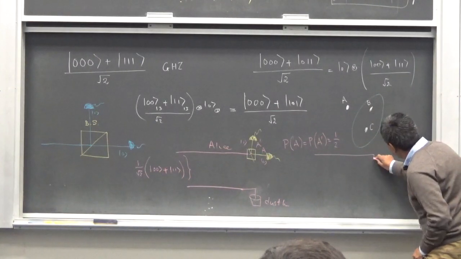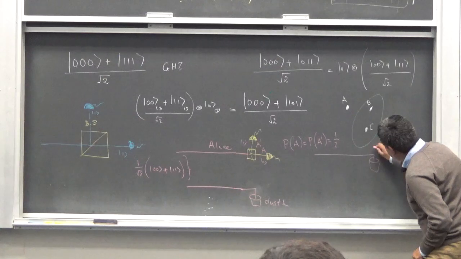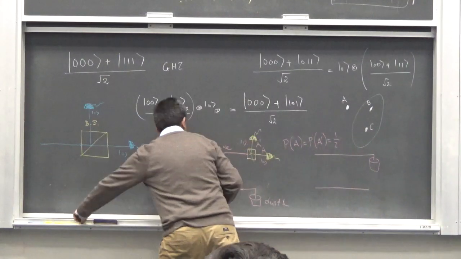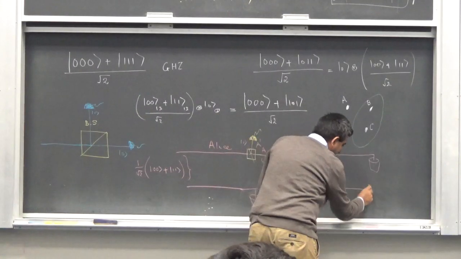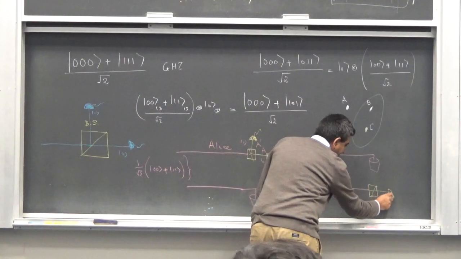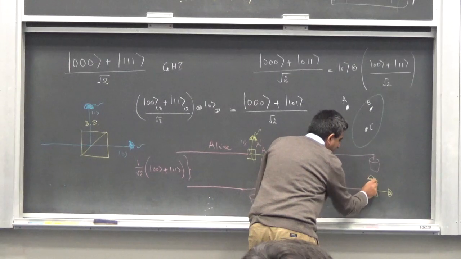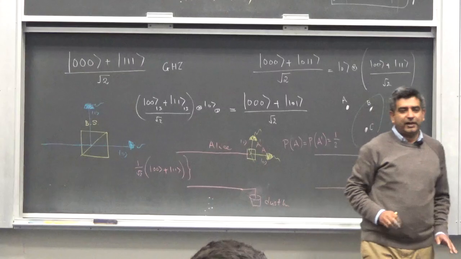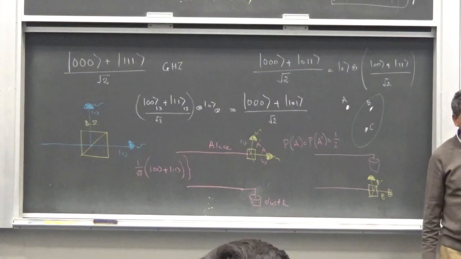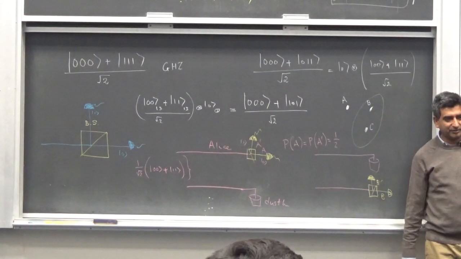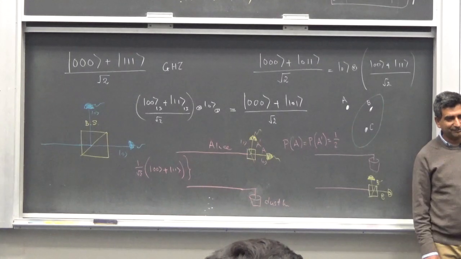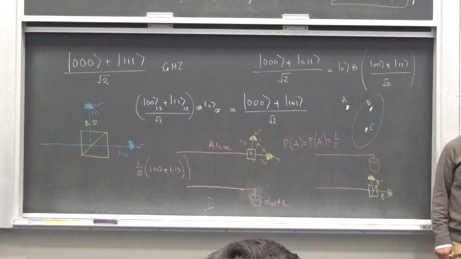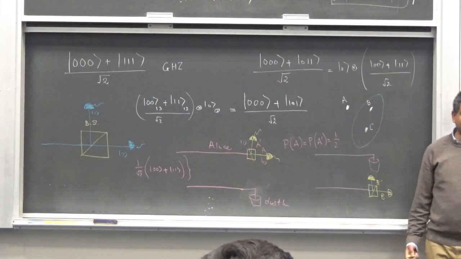just throw Alice's qubit into the trash, and your qubit is now seeing this beam splitter and two detectors, and this is B channel, this is B prime channel, and you perform this experiment in a different part of the world, different part of the universe, and your output is also going to be totally random.